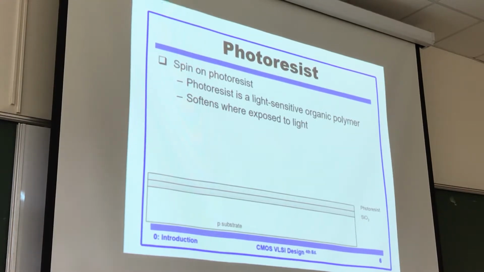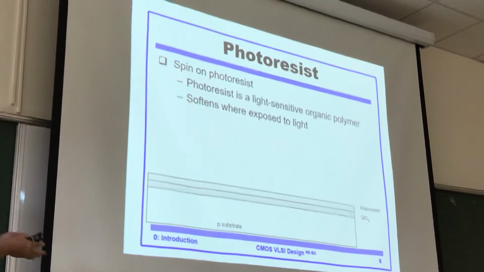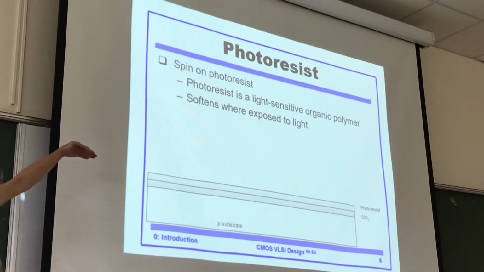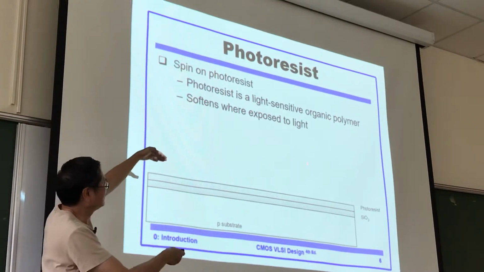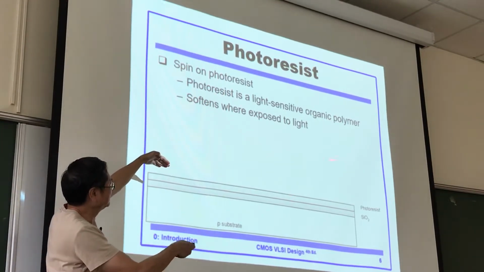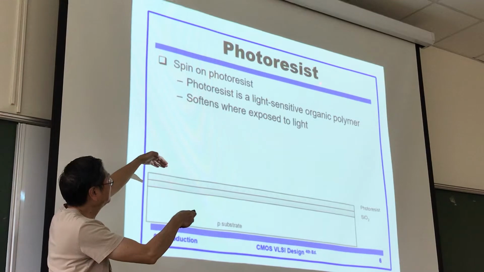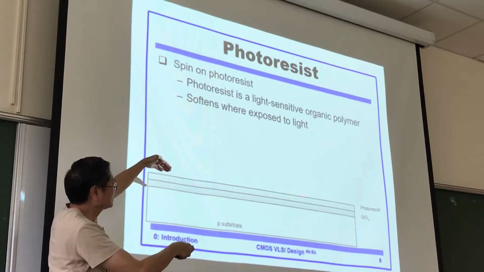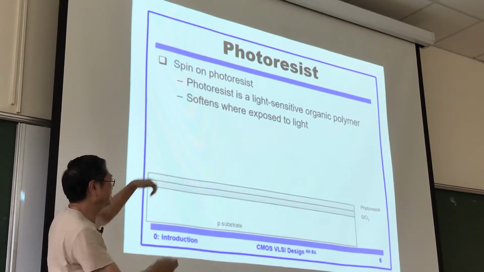And that's how the mask comes into play in the process. If we put the mask on top, at some distance, the light goes from the top through the mask and onto the wafer.